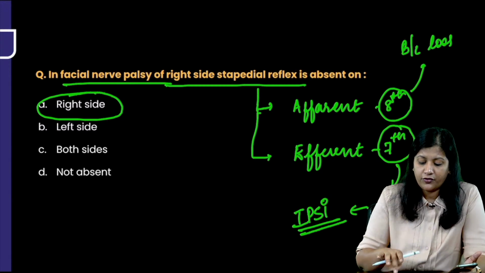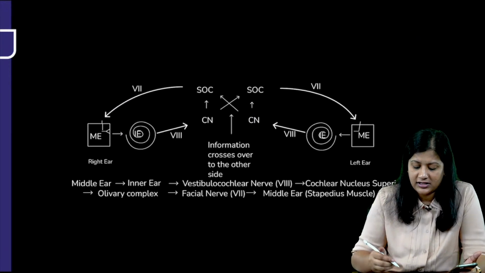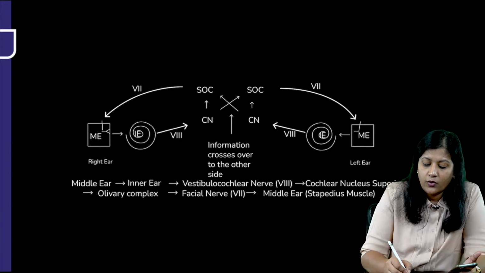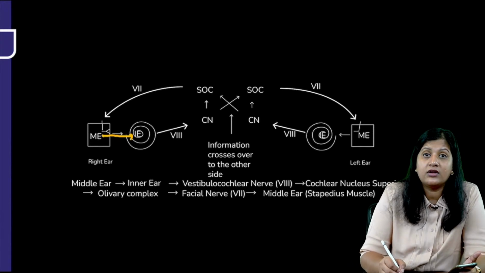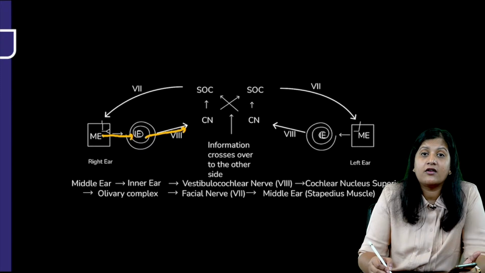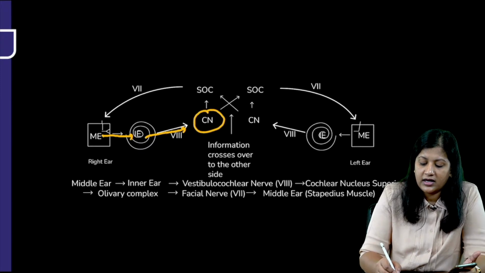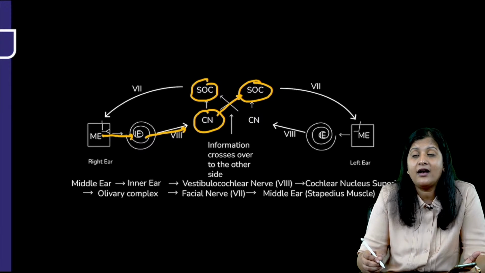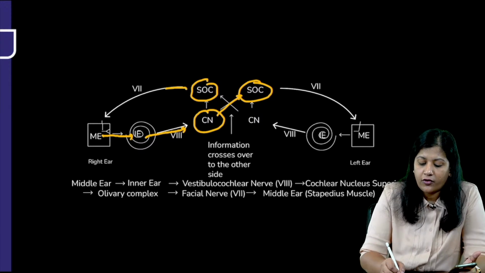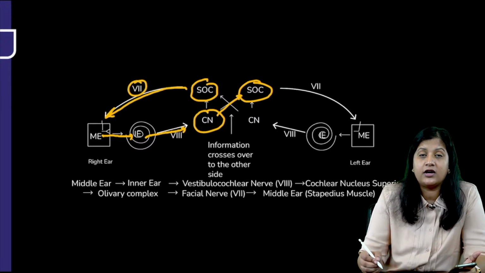To explain you further, we will have the stapedial reflex pathway. So you see that loud sound goes from the middle ear to the inner ear, from the inner ear via the 8th nerve to the cochlear nucleus. From there it goes to the superior olivary complex on the ipsilateral and contralateral side, and from there via the facial nerve it will cause contraction of the stapedius muscle.